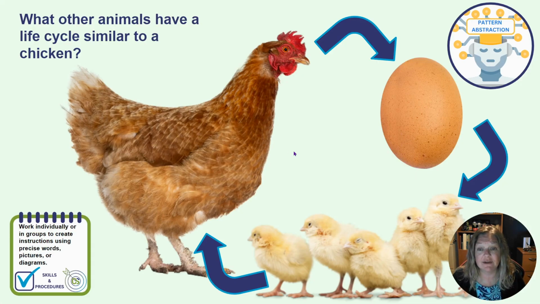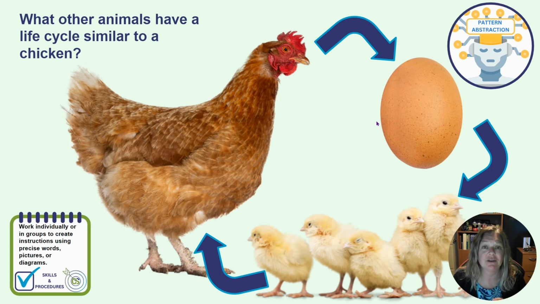If we're asking students to do a life cycle, this is a really simple connection to the algorithm piece, putting things in order. So obviously ordering animal life cycles in the different stages in order is practicing that skill as well. And if we ask students, as I had mentioned earlier, what other animals have a life cycle similar to a chicken, we're doing that pattern abstraction piece where we're taking out what's important, not what it looks like, not what kind of animal it is.